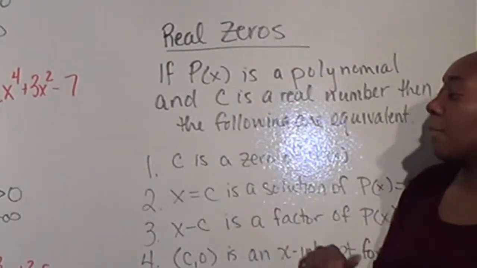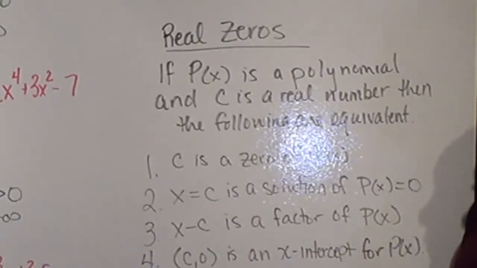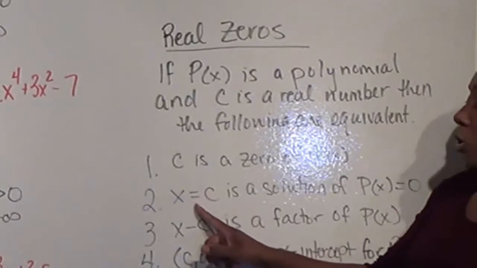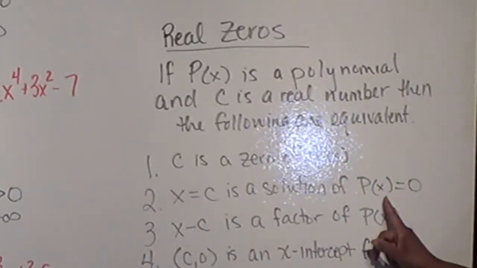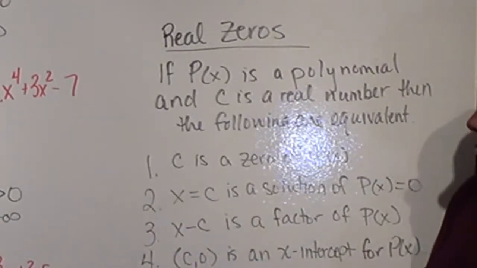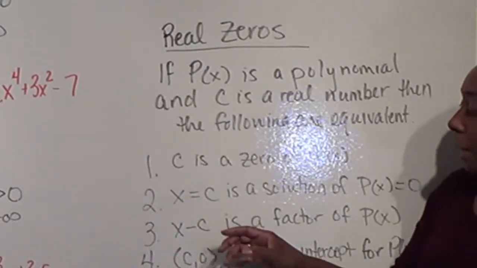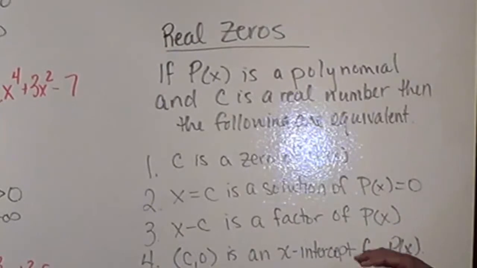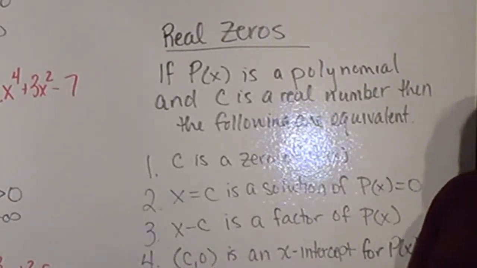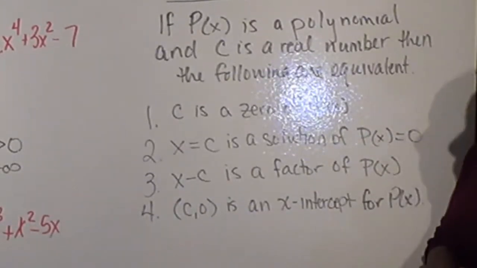The first is if c is a 0 of p of x. So what does a 0 mean? It means that if I solve the equation p of x equals 0, I'm going to get a solution of x equals c. Okay? It also means that if I'm trying to factor p of x, x minus c turns out to be one of the factors for that polynomial.